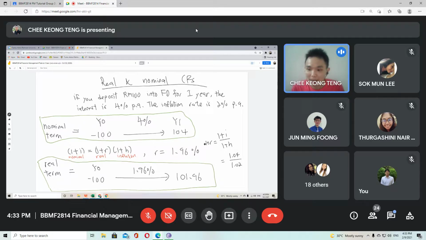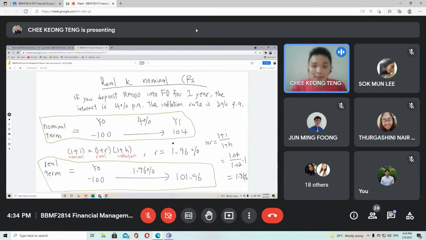You will get 1.96%. This answer means that the real return that you are getting is actually 1.96%, after you consider the inflation as a cost. This is the real increment in your purchasing power.